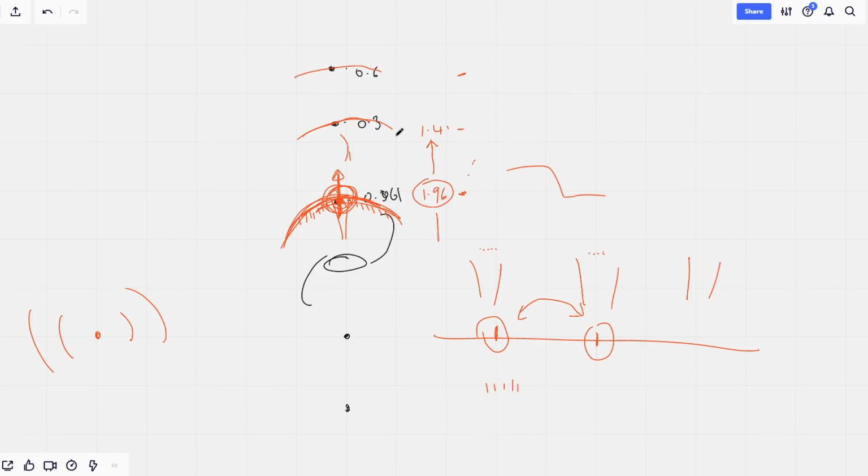Because if we think about it in terms of the plasma redshift, these would be shells. So this would have a higher electron density, this would be a lower electron density, and this one even lower. That's the concept, right?